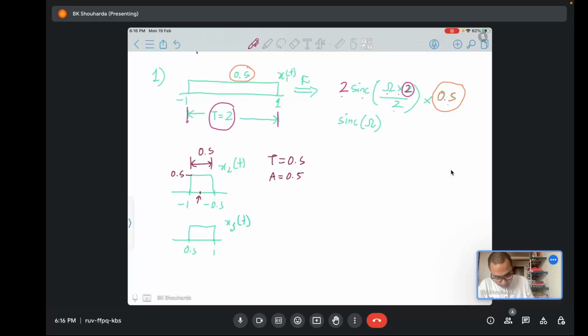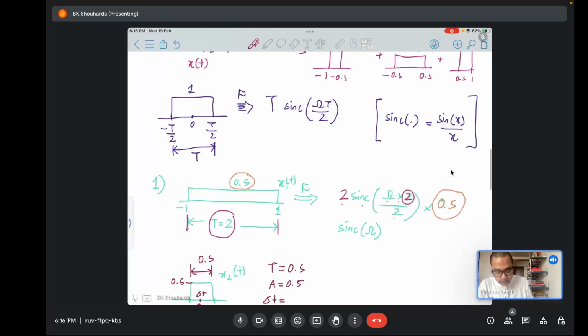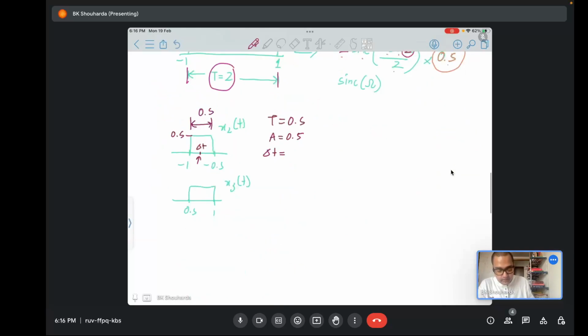This has a shift, delta t. So actually you have a pulse which was centered around 0, and now it's centered somewhere else. What is it centered around? It is centered around the midpoint of the two edges. And what is that? 0.75.